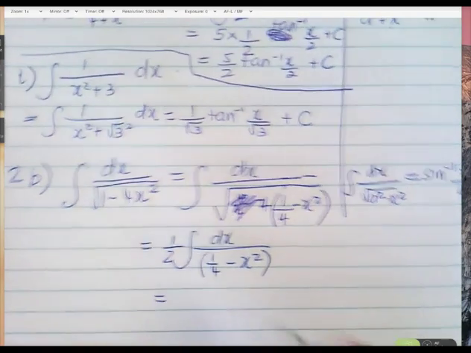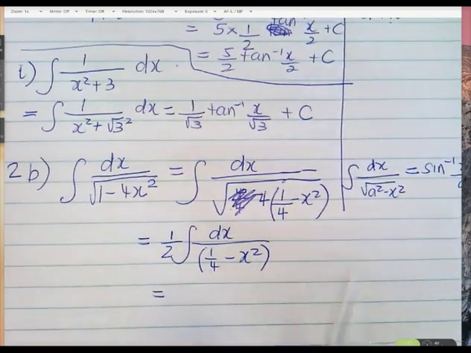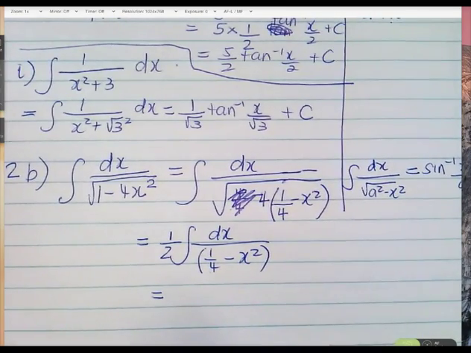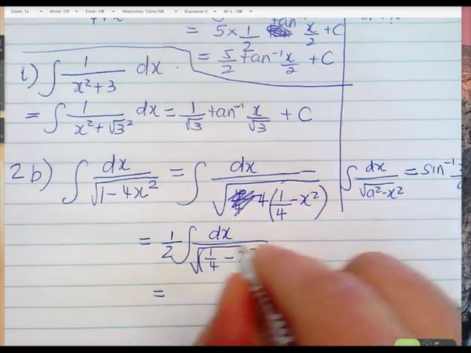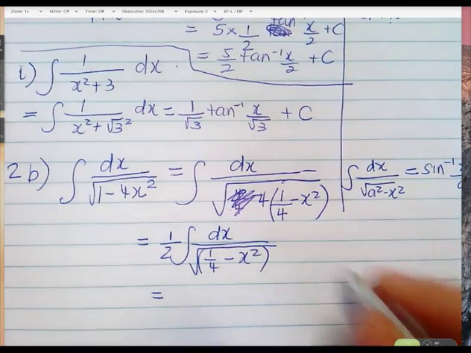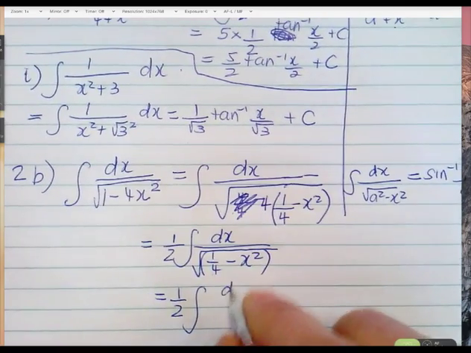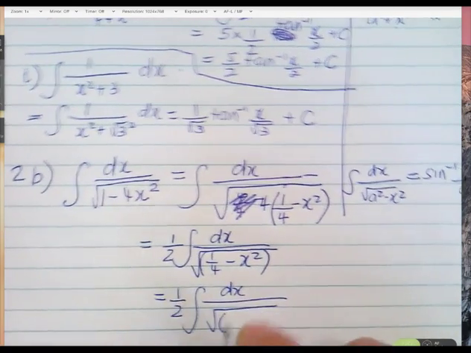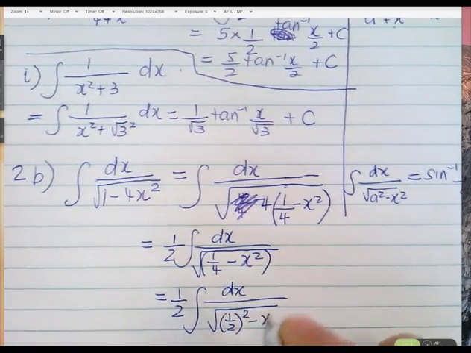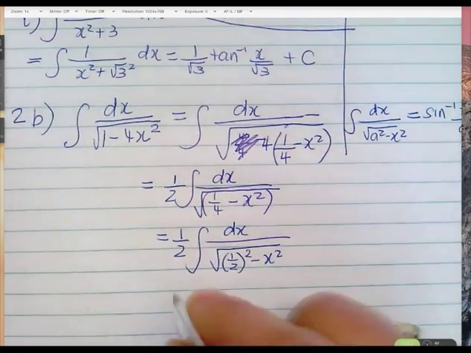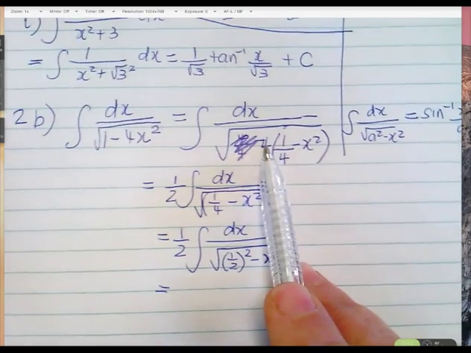All right, so girls, this needs to look like a squared minus x squared. I think I've written it out wrong. Oh, no, it's right. I've got a square root sign too. Okay, so it is minus. A half times the integral of dx over the square root of a half squared minus x squared. That's how we now recognise it. Girls, are we okay with this 4?